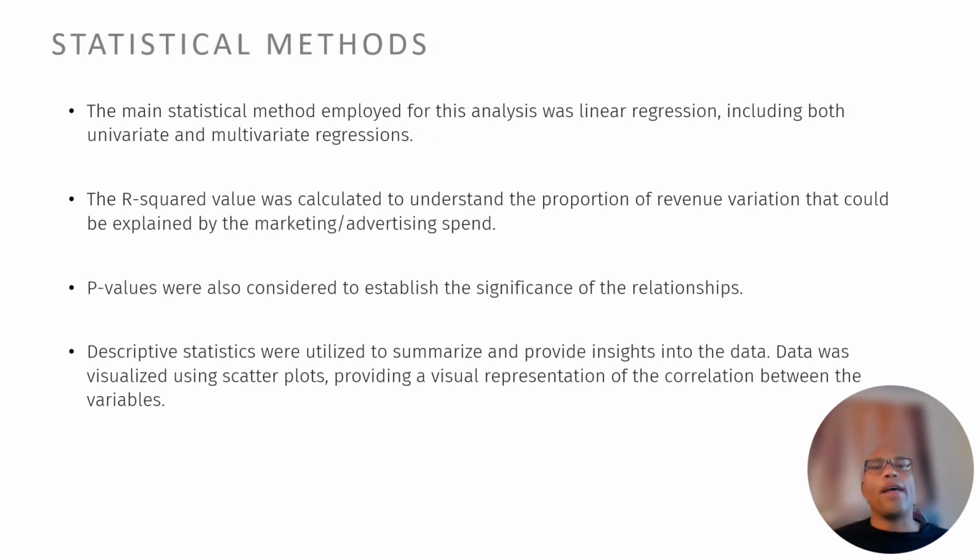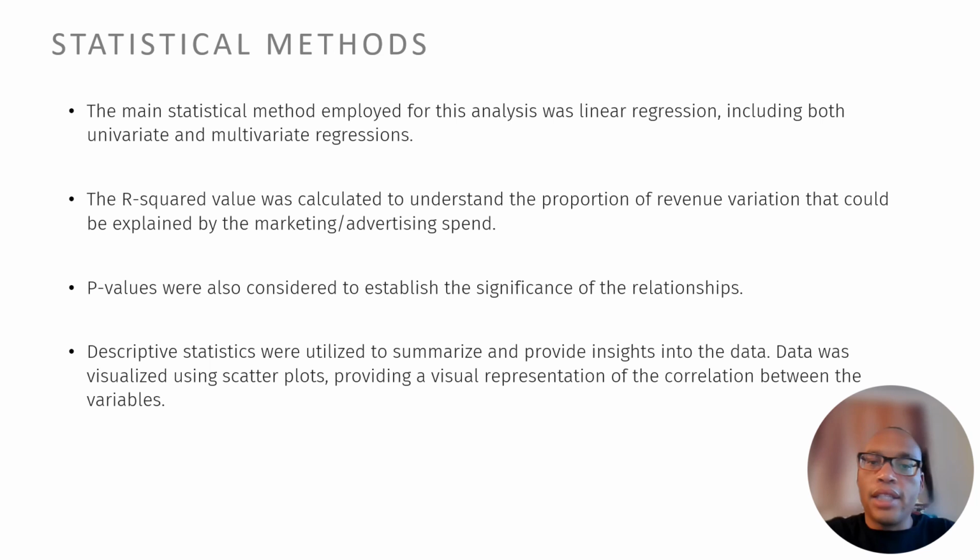The statistical methods used. The main statistical method employed for the analysis for this paper was linear regression, including both univariate and multivariate regressions. The R-squared value was calculated to understand the proportion of revenue variation that could be explained by the marketing advertising spend.